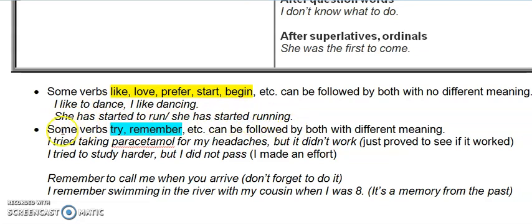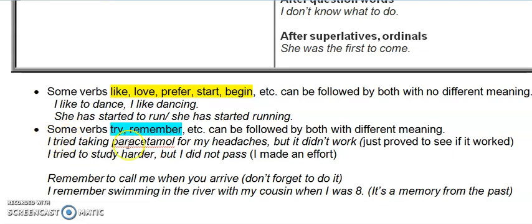However, some verbs like try or remember can be followed by both with different meaning. When we are using gerund, the meaning of try changes, and when we are using infinitive it changes too, alright? So let's read this.